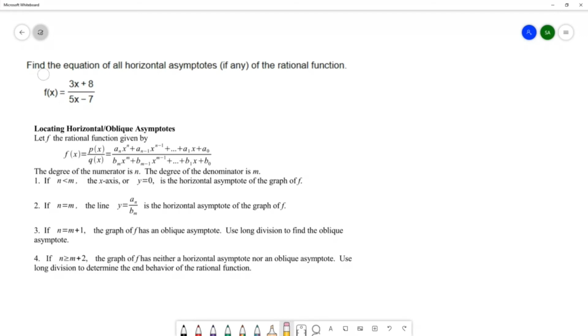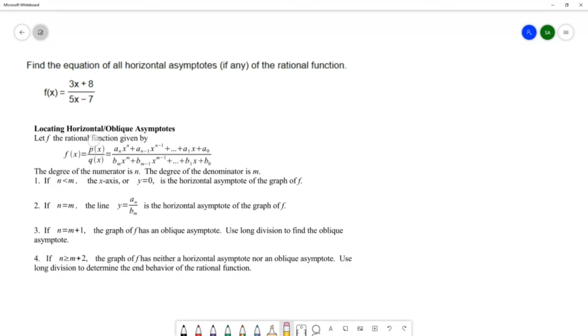On this question, we want to find the equation of all horizontal asymptotes, if any, of this rational function. The rational function we're given is f of x equals (3x plus 8) over (5x minus 7). I've put down here some instructions on how to find horizontal and oblique asymptotes in an algebra class.